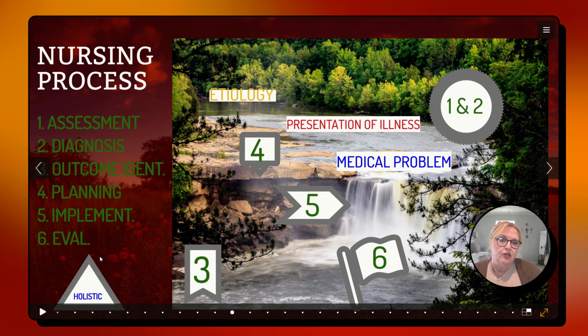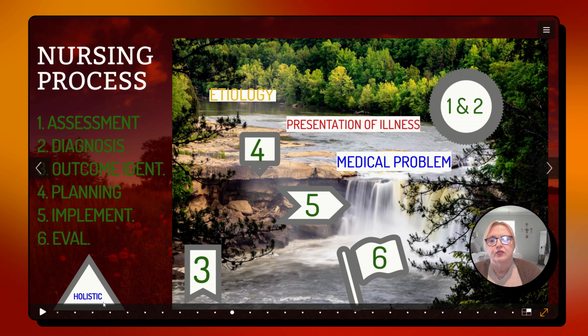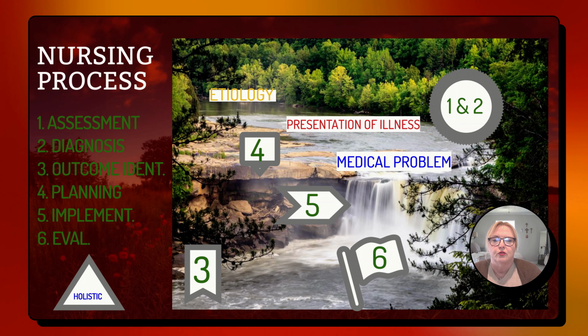If you want to make sure that you have a holistic approach to any particular patient, then you're going to want nursing diagnoses from several different categories. Just thinking of your Maslow's hierarchy of needs. What are some safety and pathophysiological nursing diagnoses? What are some psychosocial diagnoses?